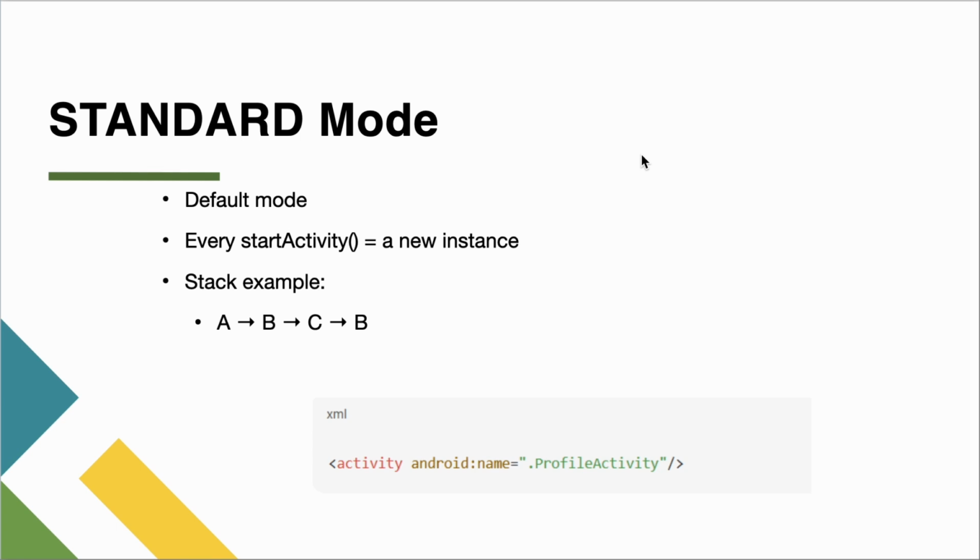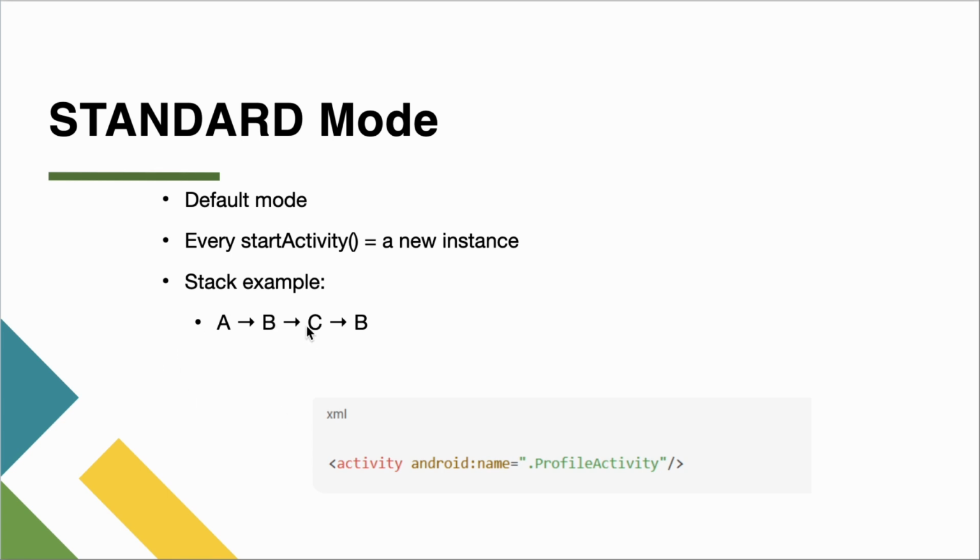Okay, now we will understand what is a standard mode, the default one. It's a default mode. Every start activity would basically create a new instance. Like for example, there's a stack of ABC, and then we want to start B again. If B is already on the top, then also it will create a new instance.